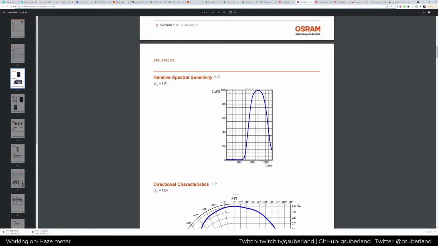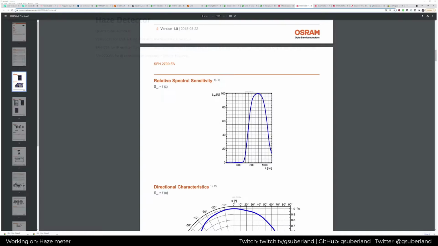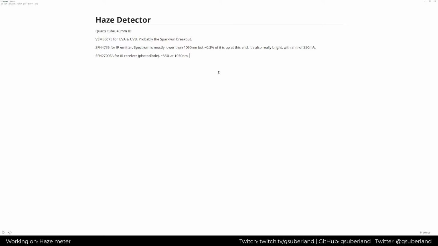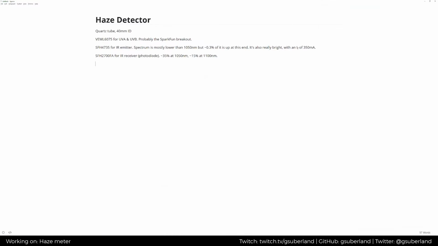At 1050, we're talking 35%. And then at 1100, it's way down at like 15%. But that's fine, because there's not going to be any other light coming through.